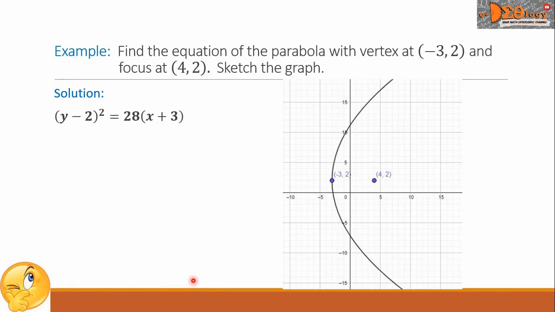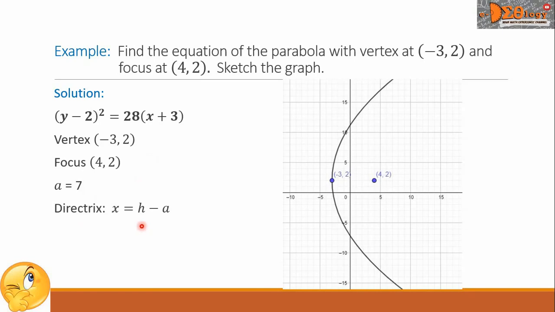Let us now discuss further the parabola. Writing the given, the vertex at (-3, 2) and the focus at (4, 2). A while ago, we learned that a equals 7. It is the distance between the vertex and the focus. We can now write the directrix, and the equation is x equals h minus a.